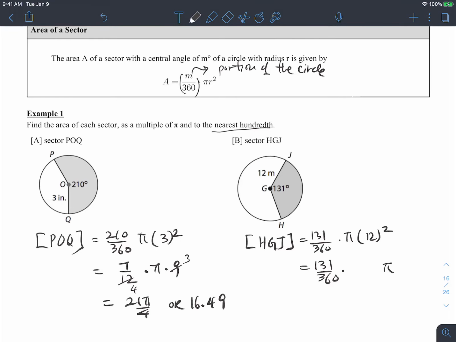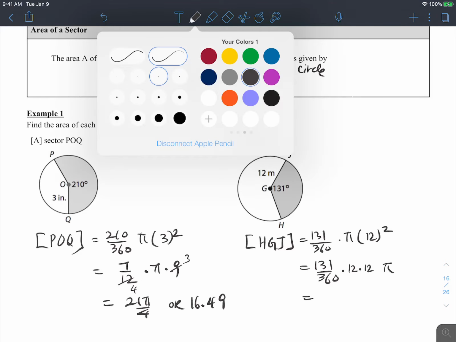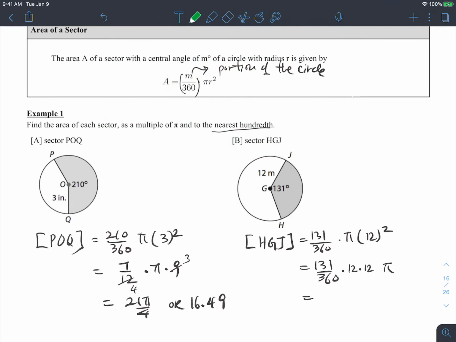Why don't I write that as 12 times 12? Because I think I could cross cancel easier that way, since I try to rely as little on the calculator as possible. 360 is 30 times 12, right? So they cancel like that.